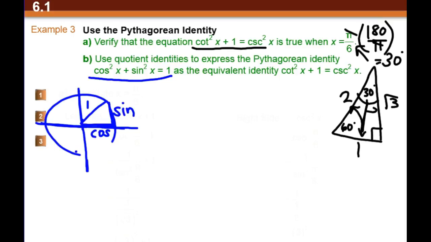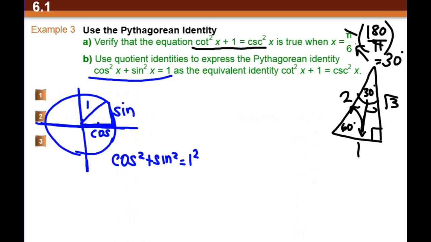If you think about our unit circle, how it was like this, and you think about the Pythagorean theorem, it's this side squared plus this side squared equals the hypotenuse squared. So we're writing it as cos squared plus sine squared is equal to 1 squared. And that's where the Pythagorean identity comes from.